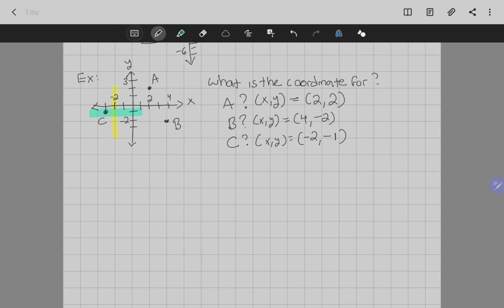Imagine that we have something like this: x plus y equals 3.